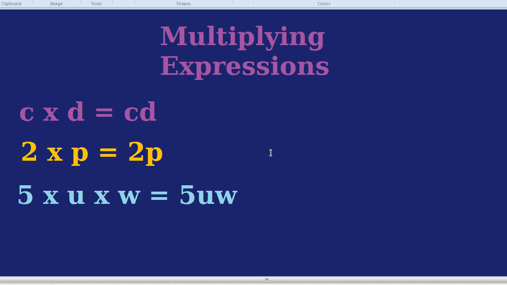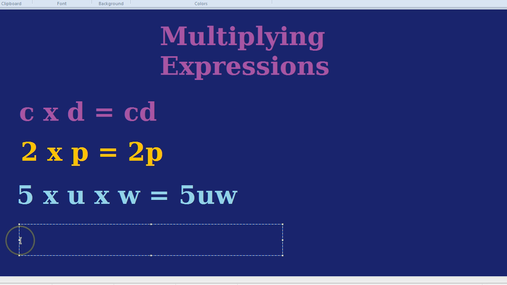How about if we had the same letter multiplied by itself? This is where we go into indices or powers. What do I mean? E times by E, we don't write EE. The reason is because with EE it may look a bit simpler. But what if we had E times by E times by E times by E times by E?